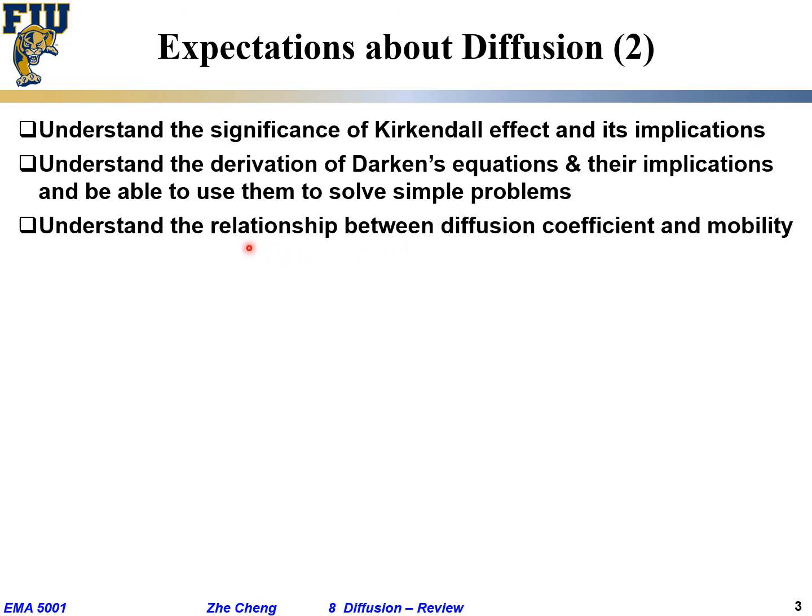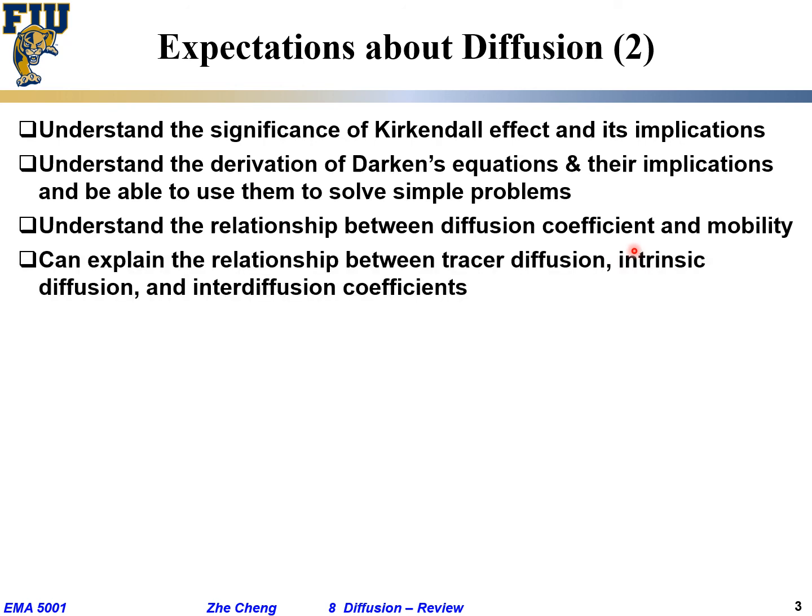And I also expect you to understand the relationship between diffusion coefficient and mobility. Those two are closely related together, and knowing one, you can calculate the other one. Okay? And I also expect you to be able to explain the relationship between tracer diffusion, intrinsic diffusion, and the interdiffusion coefficient.